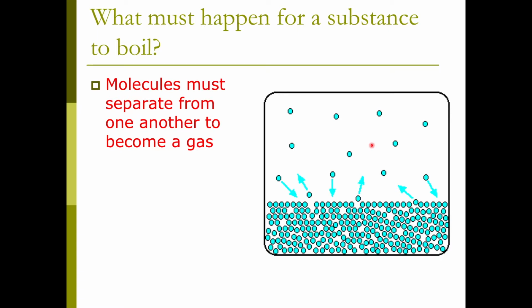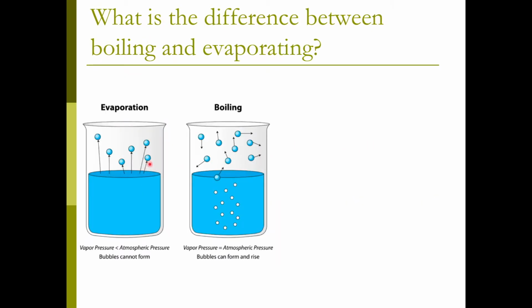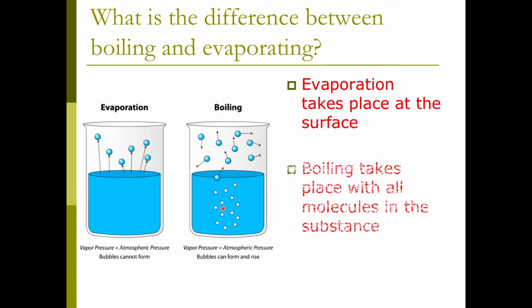One or two molecules at a time will get enough kinetic energy to leave. And so that's what evaporation is. Now, boiling is when all of the molecules have enough kinetic energy to leave. So the boiling takes place within all the molecules. That's why you get bubbles inside of the liquid, because they're starting to turn into a gas even at the bottom.